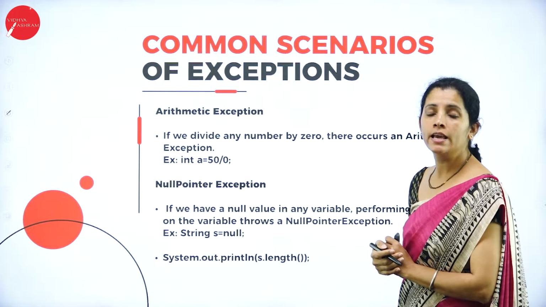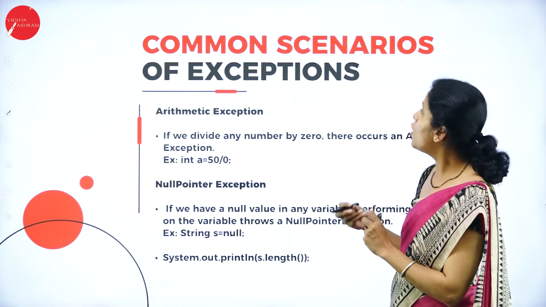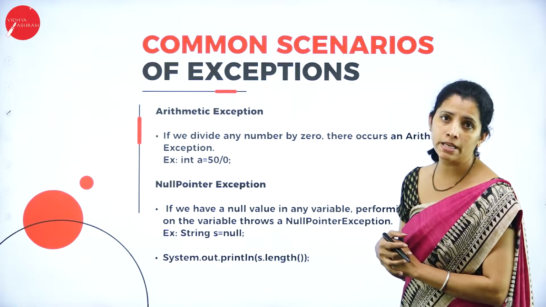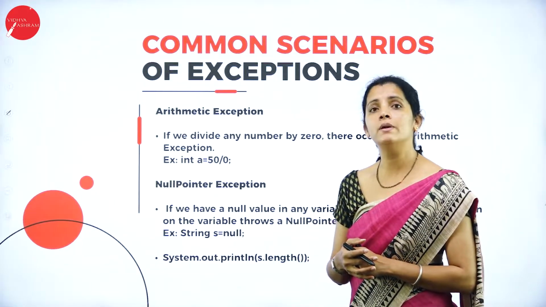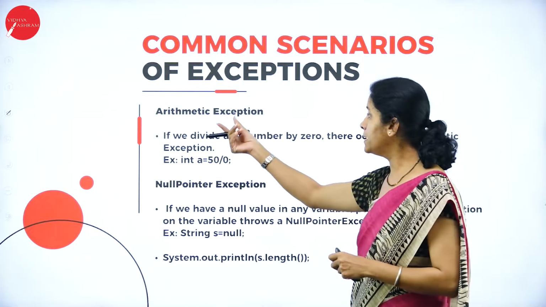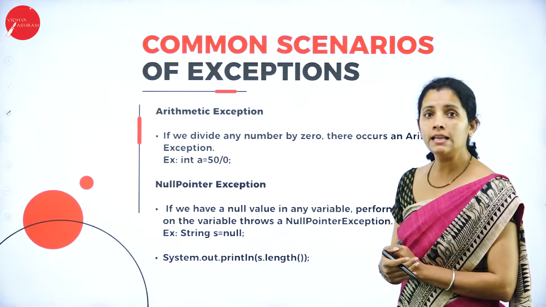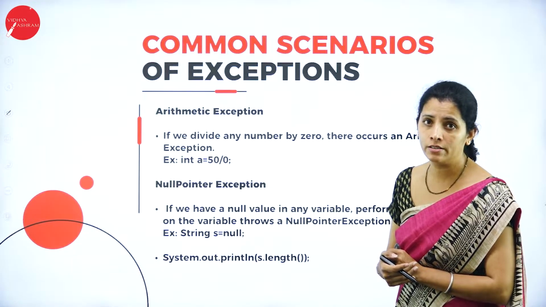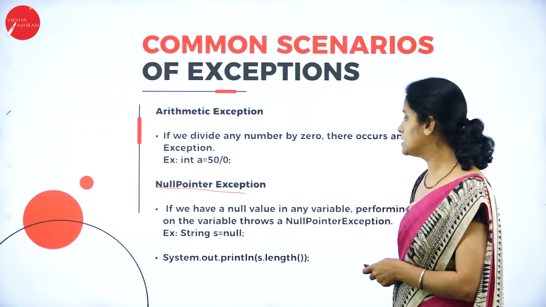Now dear student, common scenarios of exception. In the sense, if I consider a Java program, what are the common scenarios of exception I'm having? One is arithmetic exception. In the sense, while writing a program, I may make arithmetic exceptions like divide by 0. And there are certain times I'm going to reference some null pointer. Then I'm going to have a null pointer exception.